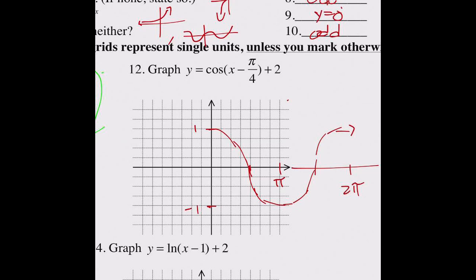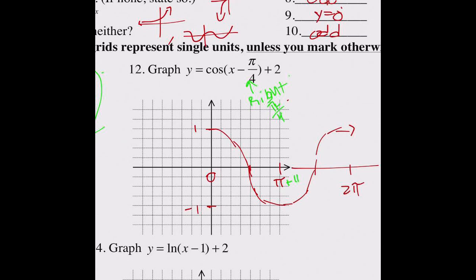Okay, so that's what I'm going to use, and all I'm going to do is transform those values. I'm just going to shift those values right pi over 4. What that means is I'm going to take all the x values and literally add pi over 4 to them.